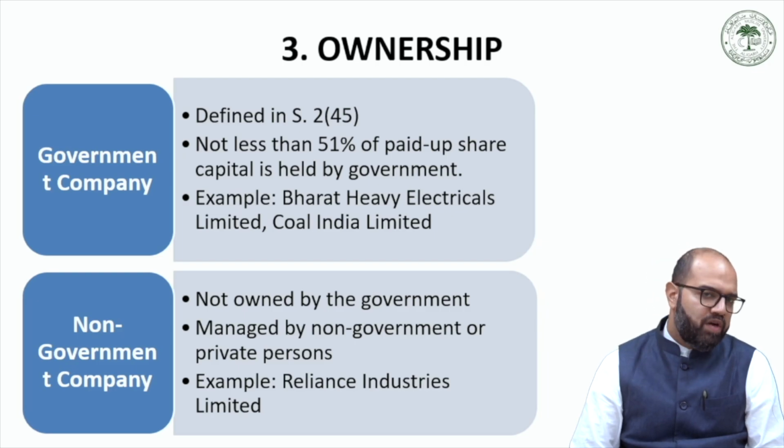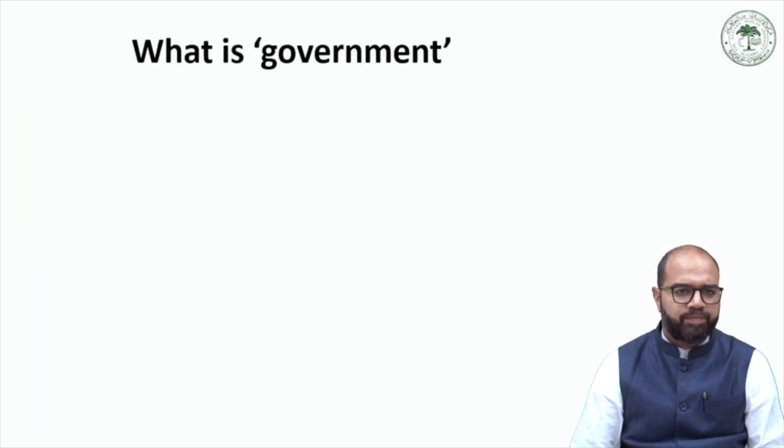Now, to take some more discussion on the kinds of companies under this head, I would be further elaborating on the various aspects of the word government which is used in the context of a government company.